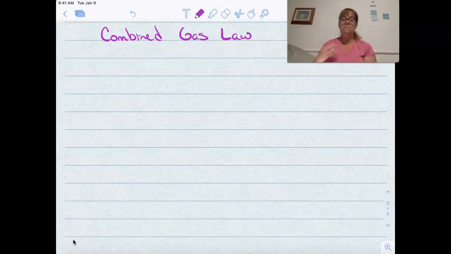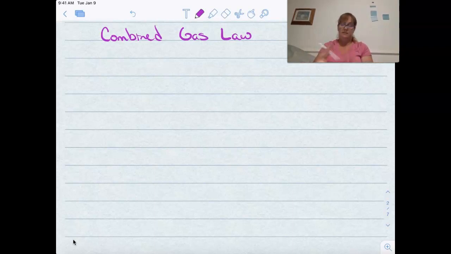And really, in my opinion, this is the only gas law you need to learn, because I'm going to show you how to use the combined gas law for every single gas law problem where you're looking at initial properties and changing something to calculate new properties, right? You don't have to learn distinct Charles, Boyle's, which one do I use? Just always go to the combined gas law.